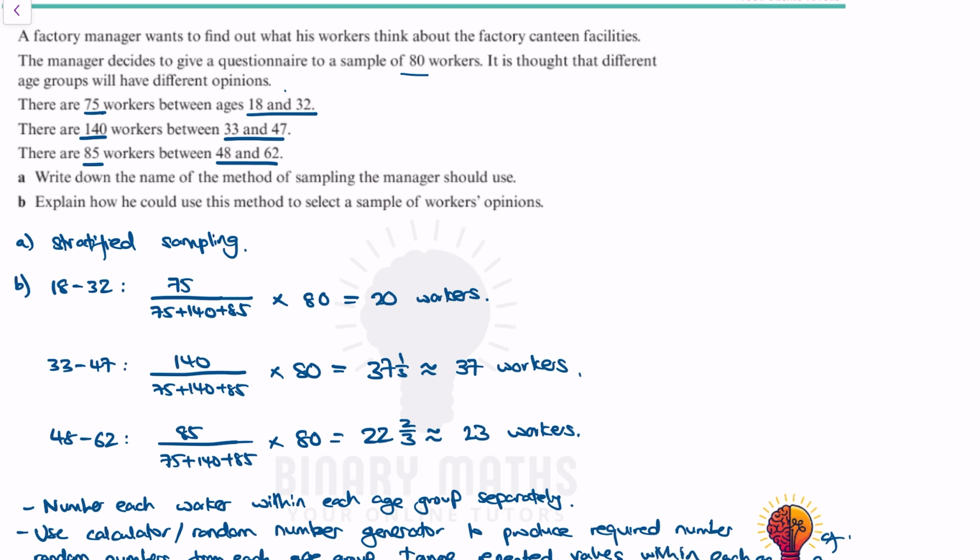So they can repeat in different age groups, but not in the same one. And then you give the survey to the worker corresponding to the random numbers generated within each age group.